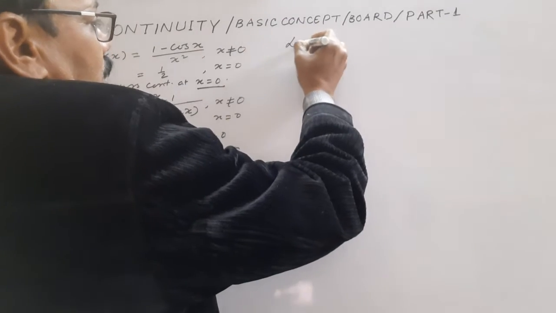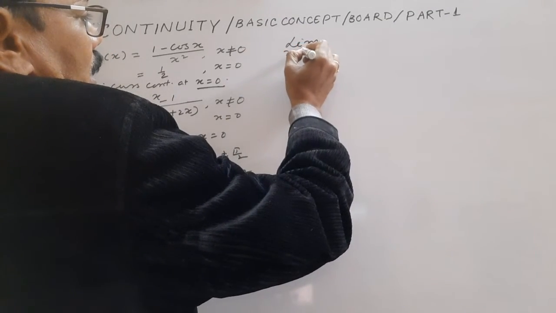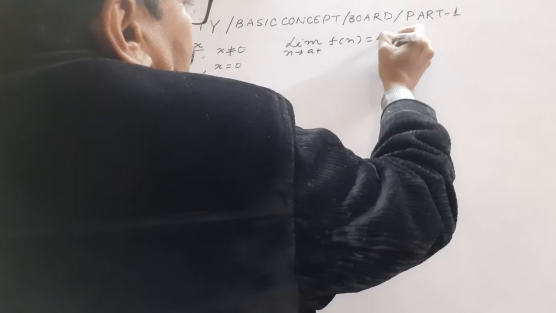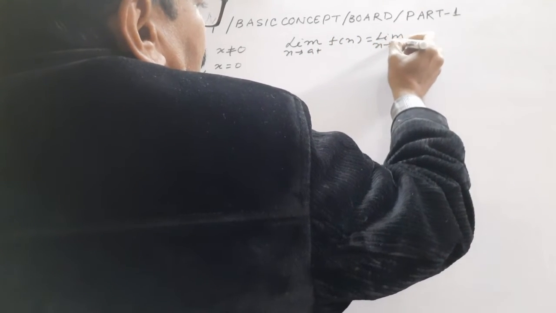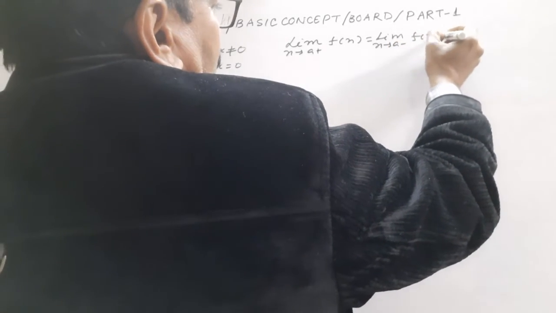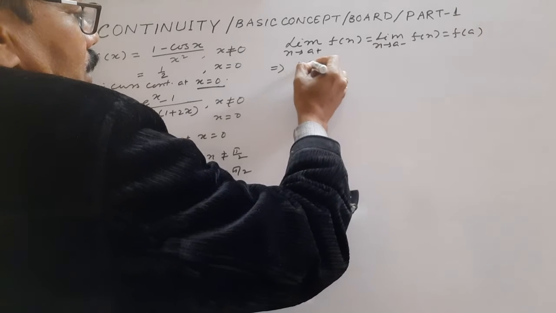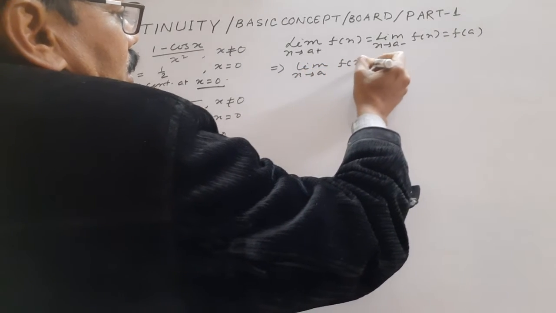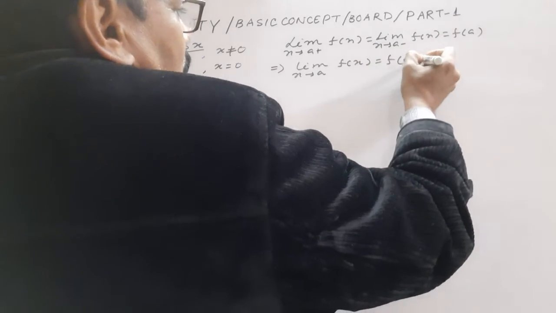Try to recall, the definition is right hand limit equals left hand limit equals functional value, or equivalently limit x tends to a f(x) equals f(a).